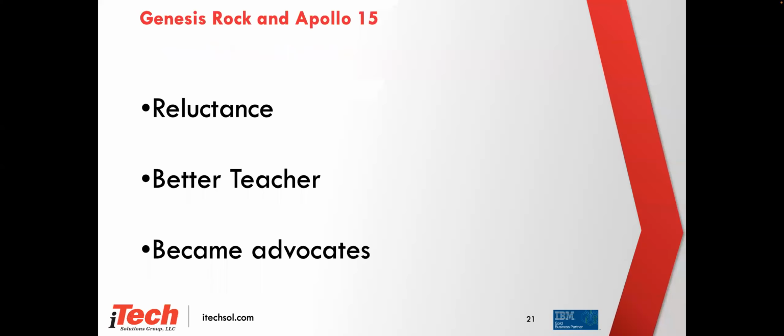So throughout your career, you are always going to need to be an advocate for IT. You're really going to need to be an advocate for the IBM i. So figure out in your own head how you're going to overcome reluctance, how to be a better teacher, or how to get a better teacher.